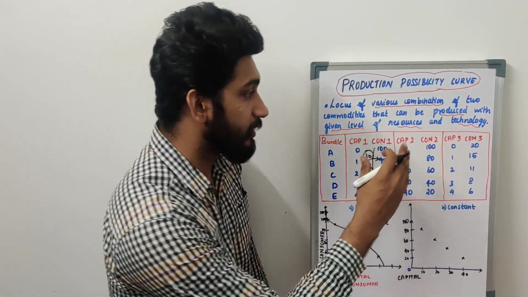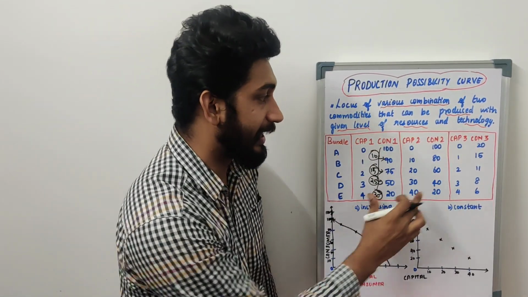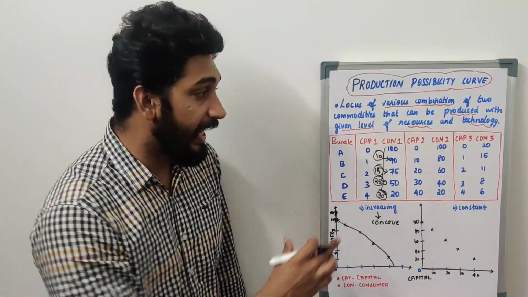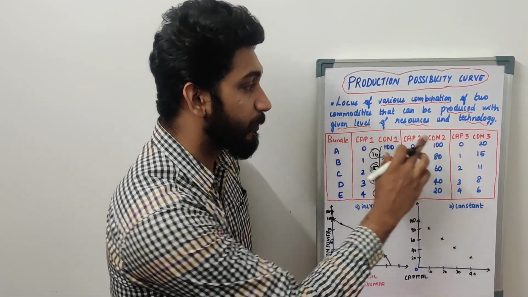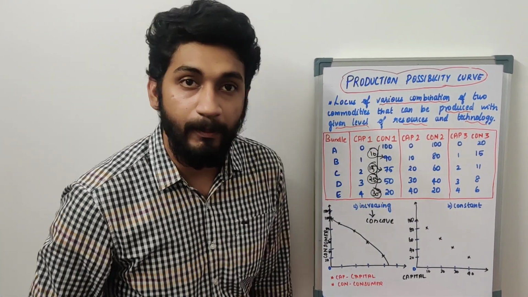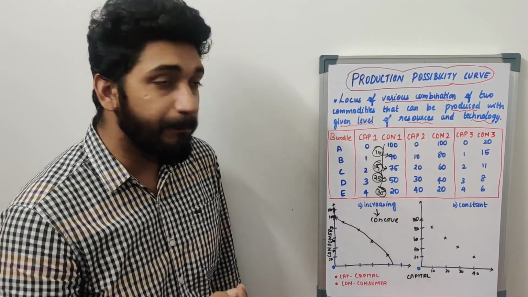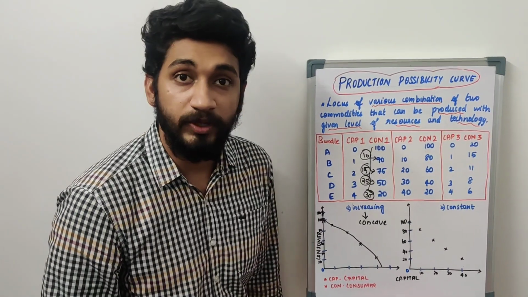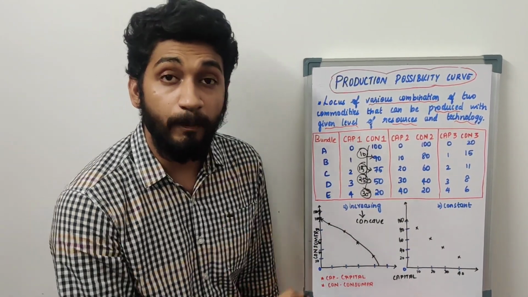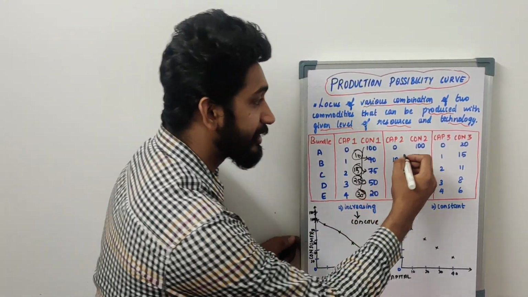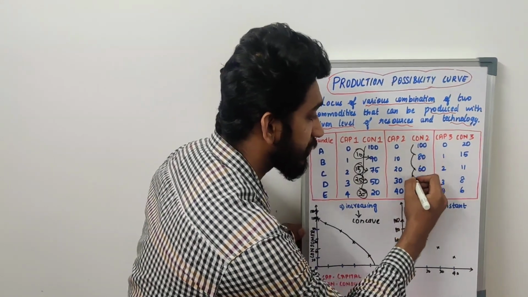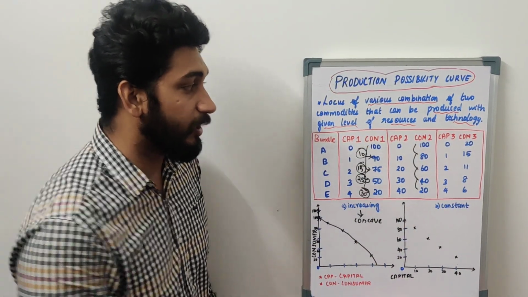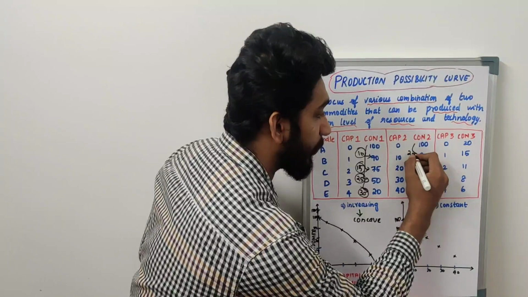Now let us look at the second production possibility schedule. In that you can see at first we were producing 100 consumer goods and 0 capital goods. Now when you keep increasing the capital goods, let us see how much we are sacrificing, that is, the opportunity cost in consumer goods. So here you can see the opportunity cost of capital goods is constant at 20.